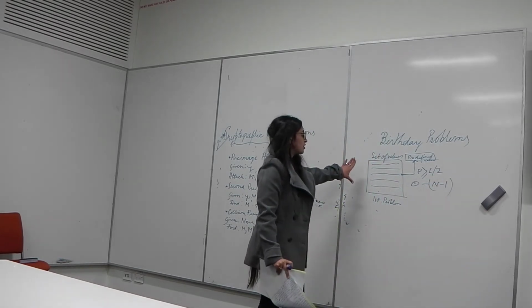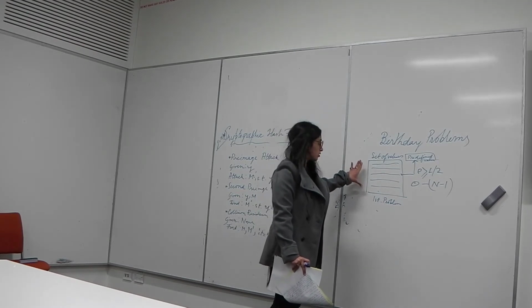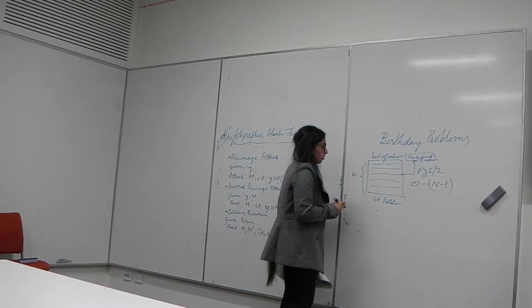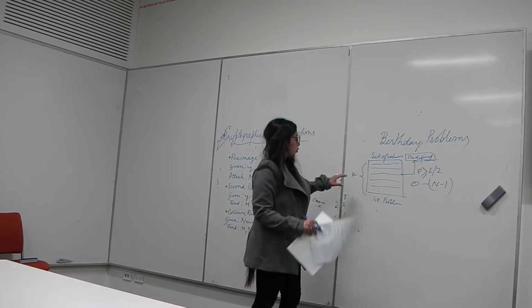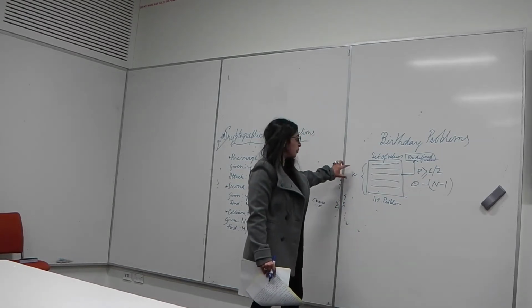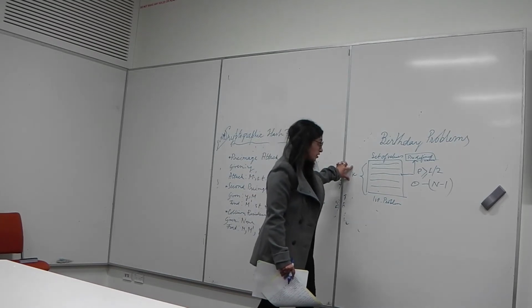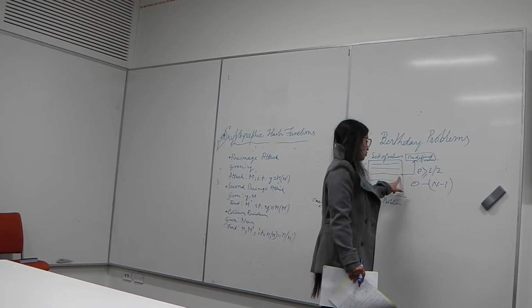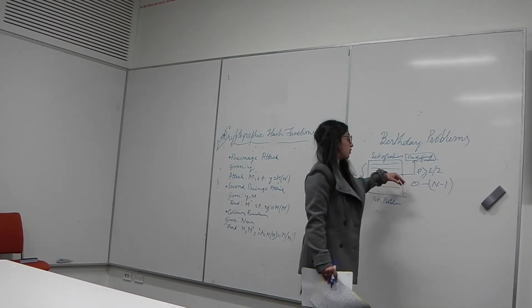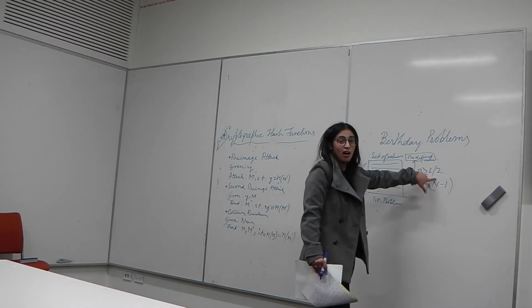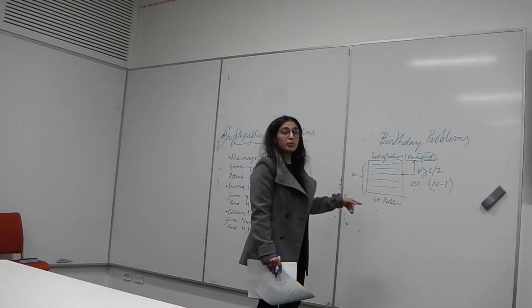What is the minimum size of this number of messages here? Let's say there are k messages. What should be the minimum size of k such that one of the values is identical to a predefined value with a probability greater than half? So this is the first problem.